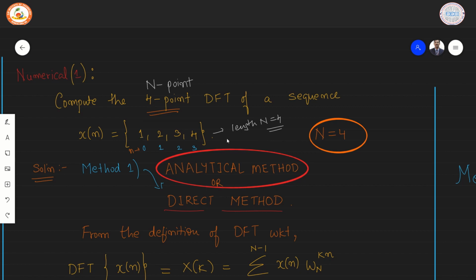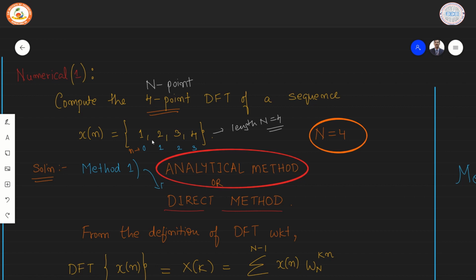In this case, the length happens to be 4, so we have a possibility of doing it for N equal to 4. Always go with the number which is provided. When it is not provided, you perform the calculation for the number of points equal to the length of the sequence.